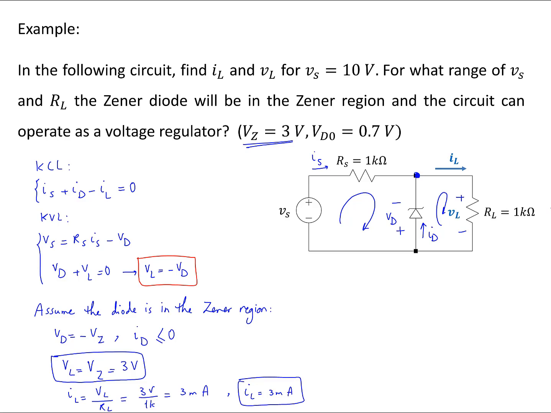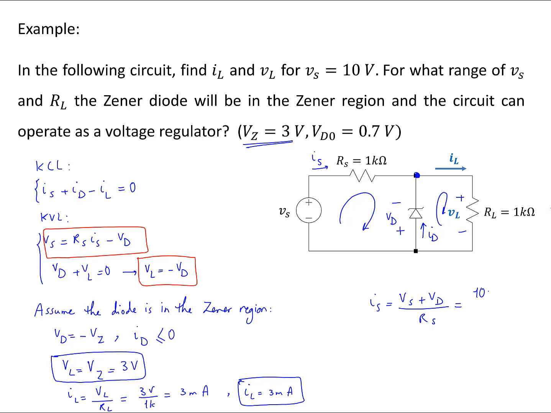Now, using the KVL that I found for the main loop here, I can find IS as well. For that, I have IS equals VS plus VD divided by RS. I know the value of VS, I know the value of VD, and I also know the value of RS, so I can find IS in this circuit.